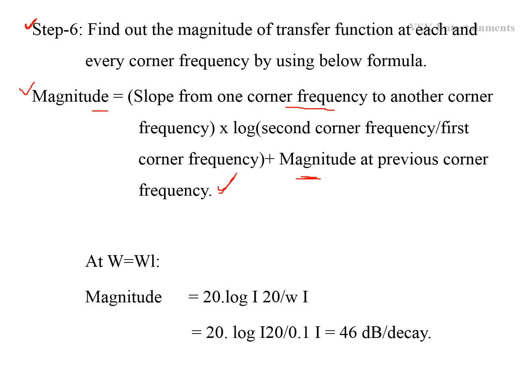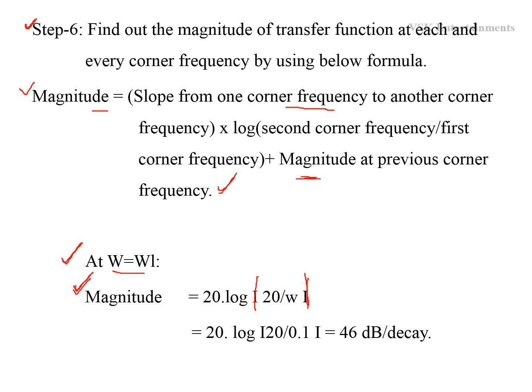By using this formula we are going to find out the magnitude at each and every corner frequency. First consider the lowest corner frequency, that is at omega is equal to omega L. We are going to find out the magnitude. Here we use magnitude is equal to 20 into log of 20 by j omega, that is 20 by omega for the magnitude.